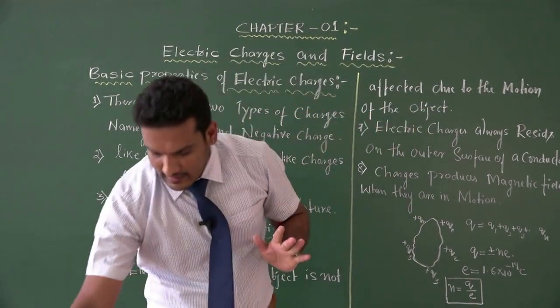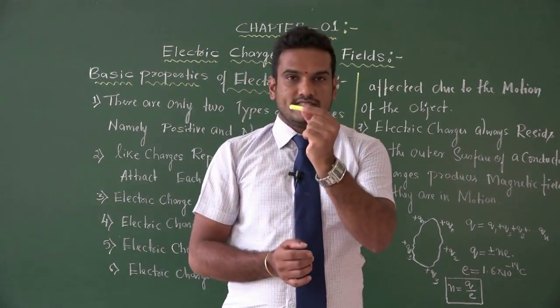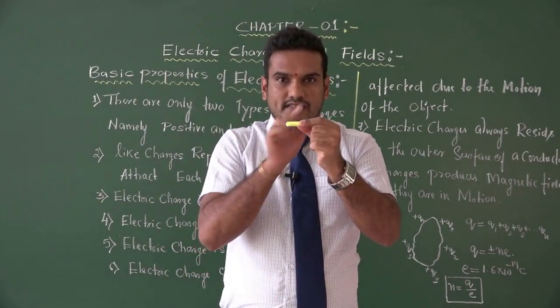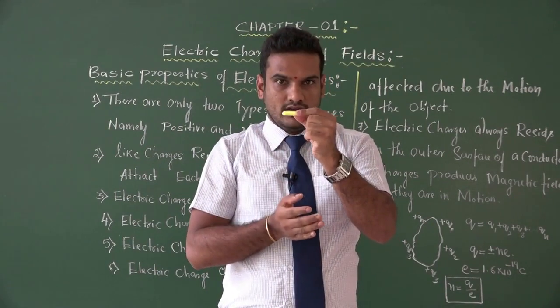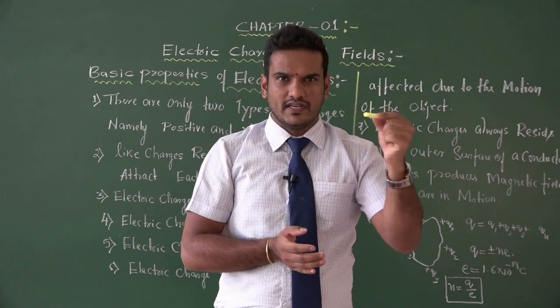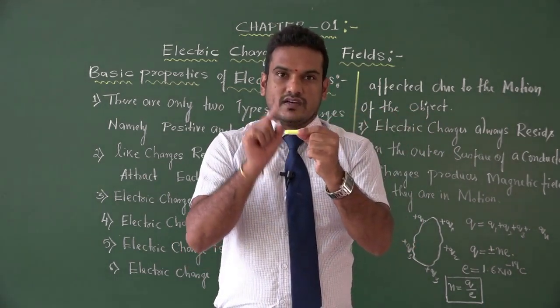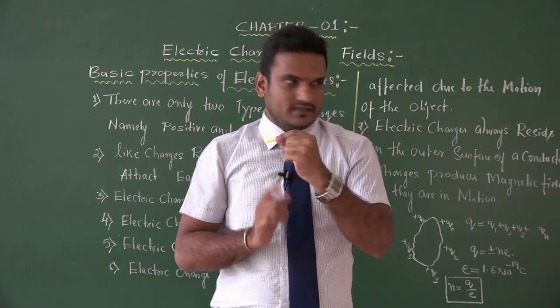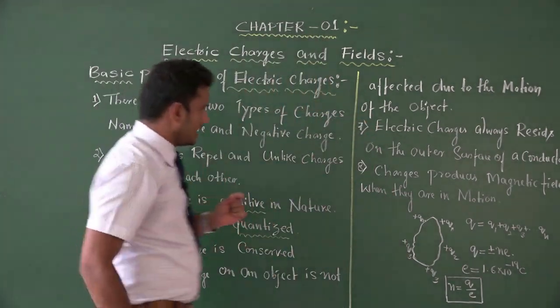For example, I consider this chalk itself as an object. Just imagine electric charges are present on the surface of the object. I am going to move the object. Due to the motion of the object, the electric charges present in the body are not affected by its motion.